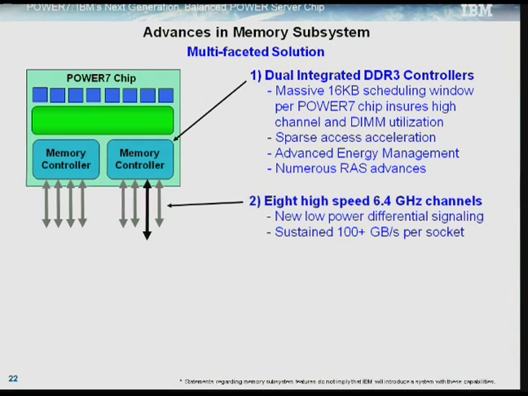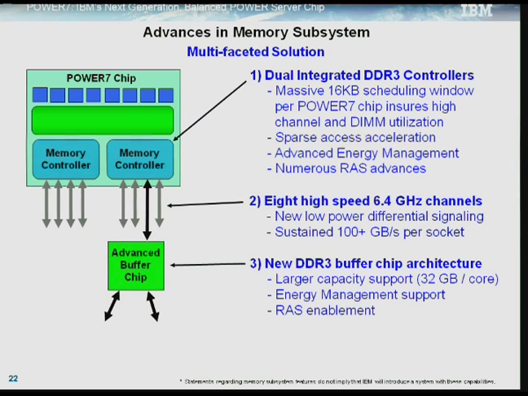So we picked the right one for the right job. We felt for memory, the differential was the right one. And with that, as Ron said, we can hit in excess of 100 gigabytes per second sustained per socket, and actually that's per chip. As Ron pointed out, we have a 4-chip socket in one of our configurations that has in excess of 400 gigabytes per second.